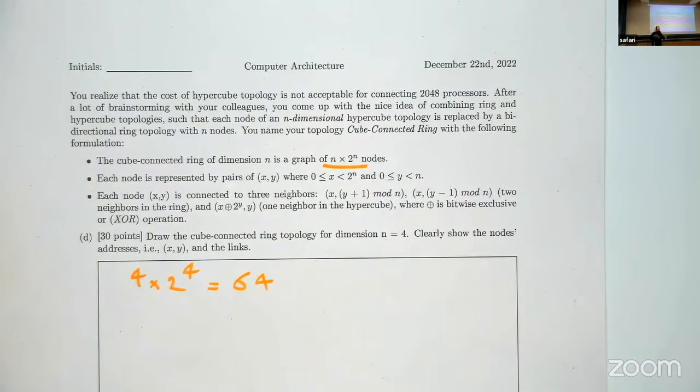You don't really need to draw all these 64 nodes and show all the connections. That would be a huge overhead. But you need to show some connections, and because there are many repetitive patterns, you need to mark them and summarize the answer.